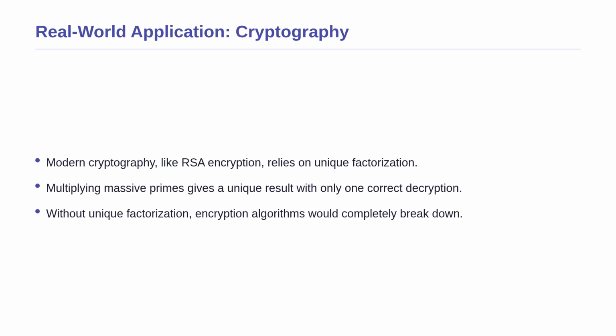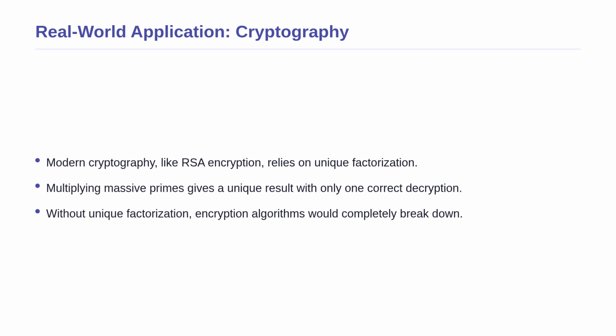Having seen a mathematical universe fail, you might wonder why this matters in the real world. In mathematics and computer science, we rely heavily on the fact that integers factor uniquely. This property is the absolute bedrock of modern cryptography, such as the RSA encryption that secures your bank transactions and internet data.